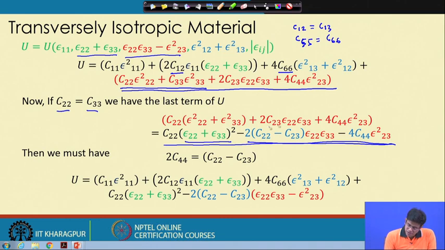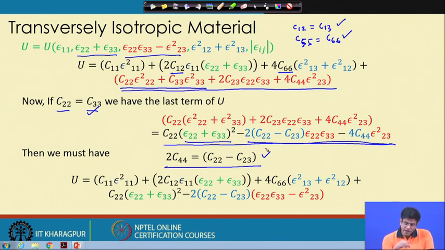This gives me another condition, which is essentially C44 equals C22 minus C23. Now finally, what did we get? We got C12 equals C13, C55 equals C66, C22 equals C33, and then again this condition.